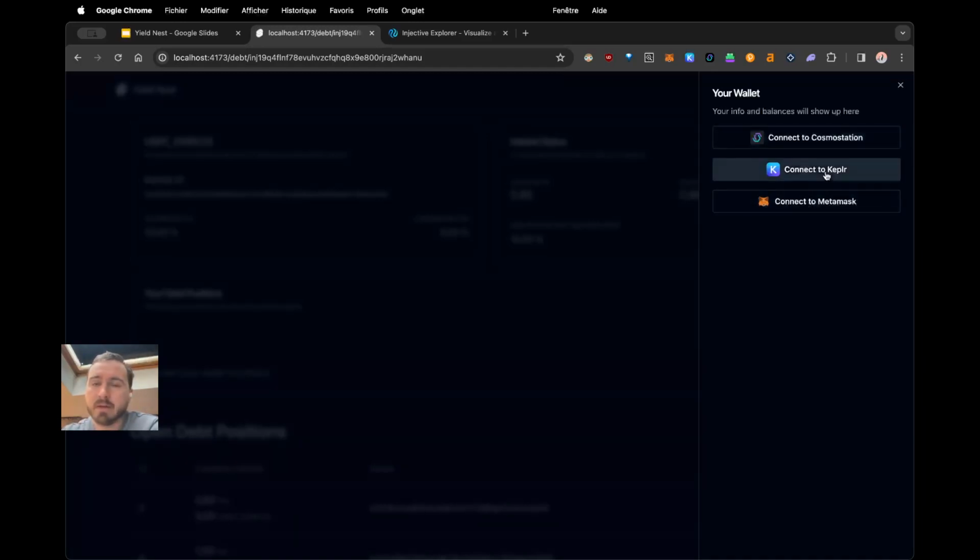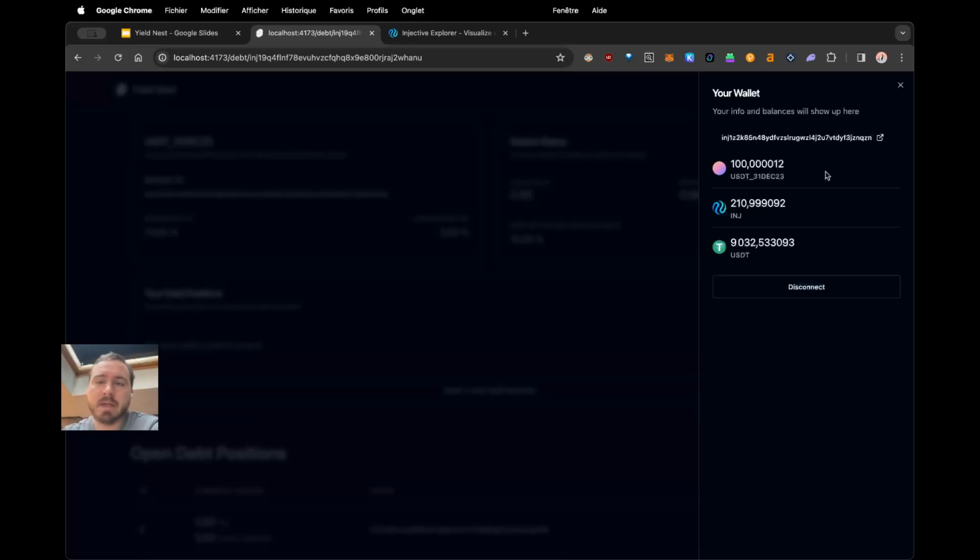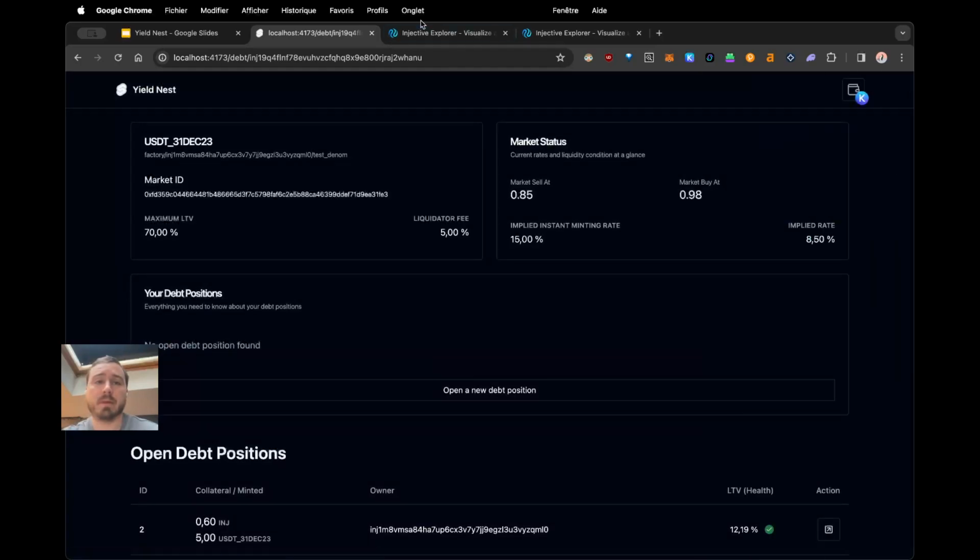I'll be connecting to my wallet with broad support for Cosmos Station, Keplr, and MetaMask, and I'll be using Keplr today. Okay, you can see that I already have some tokens. We've got our Injective token, our USDT token, and some of our debt token with a link to the Explorer over here.